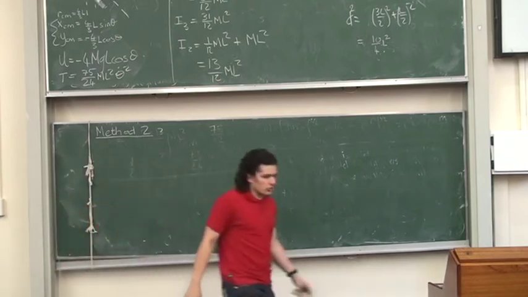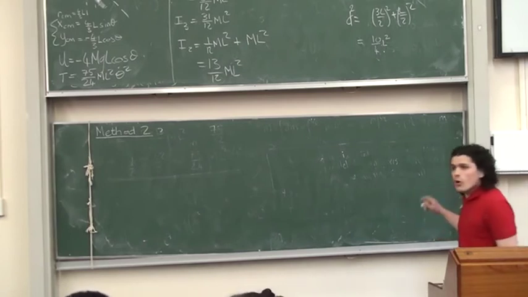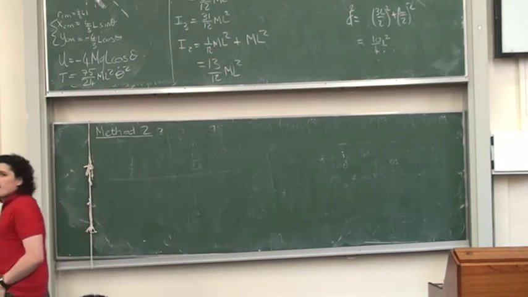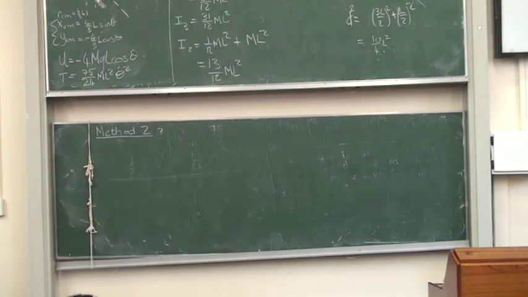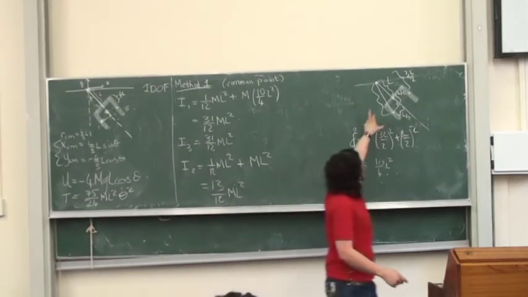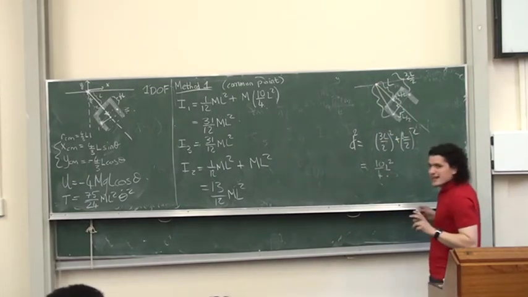When we do method 2, we are now going to compute the inertias of all the rods around the center of mass of the system, not around that point over there. At first shot, this looks a little bit more difficult than method 1, because in method 1, at least one of them was nice and easy. But in method 2, that's no longer the case.